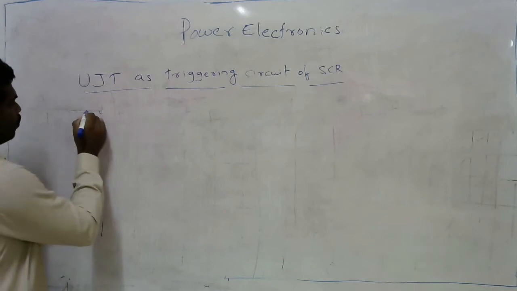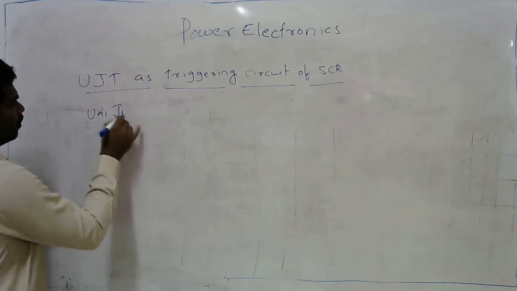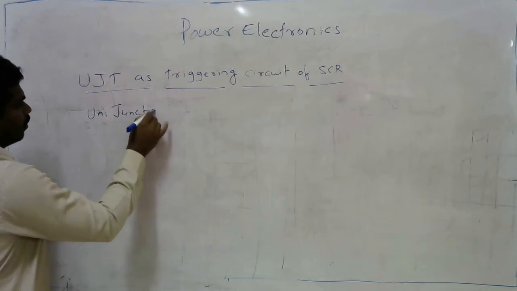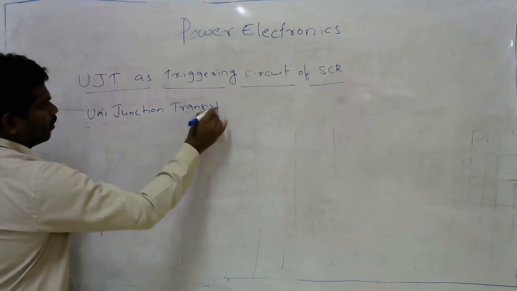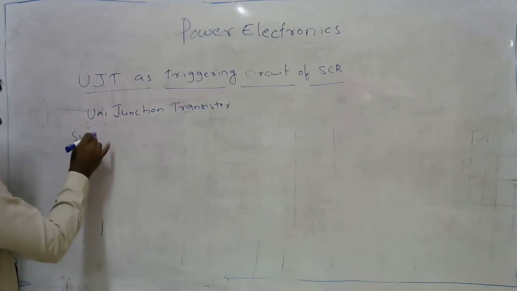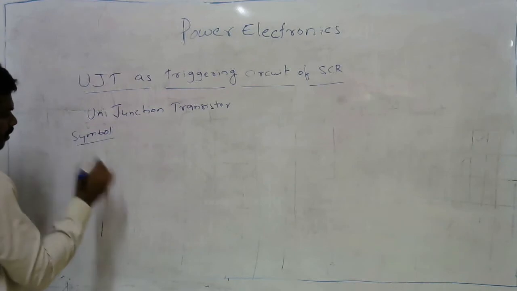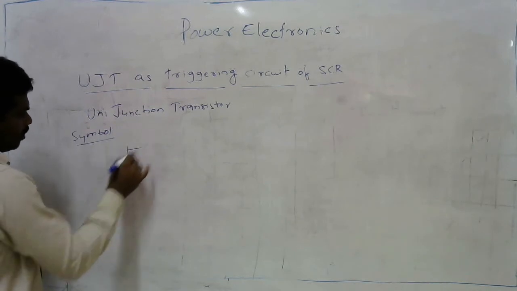UJT means unijunction transistor. When we see its symbol, it is like this.